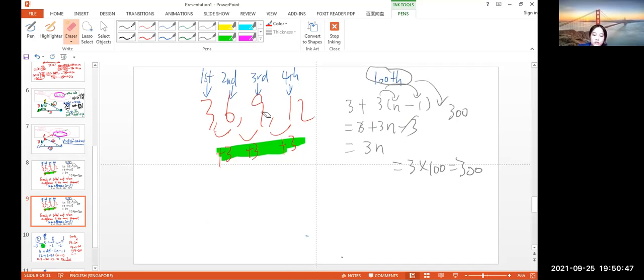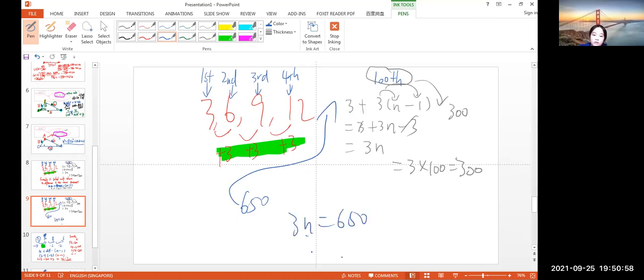Okay, so they ask whether 650 is inside the sequence. You just test, 3n equals 650, n equals to, is n a whole number? It's not a whole number. It's 216 point something. Okay, so n is not a whole number, so not inside.